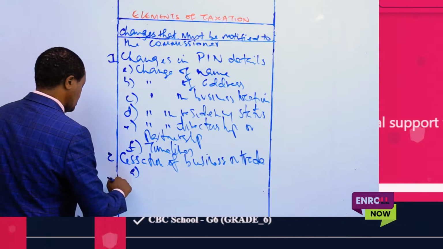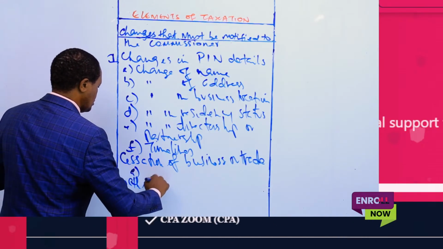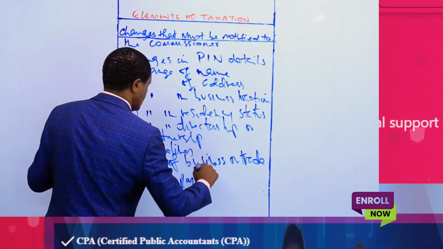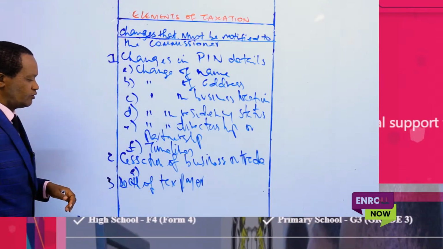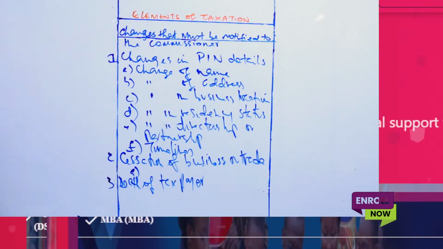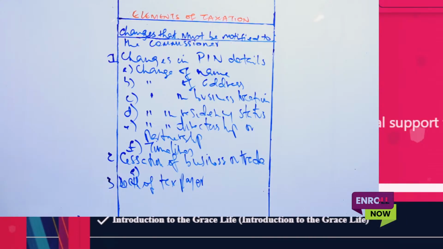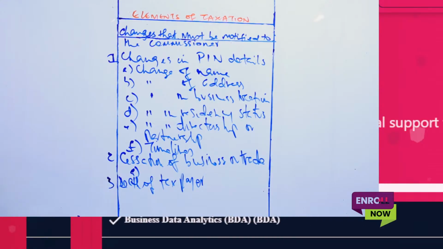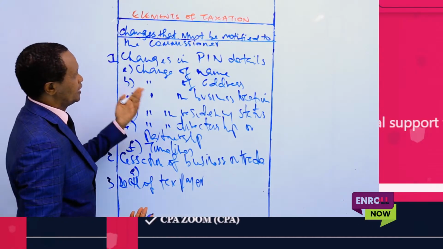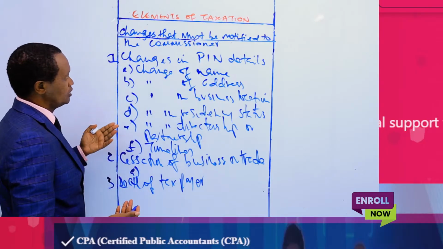3, death of a taxpayer, that is for individuals. The death of an individual taxpayer necessitates notifying the Commissioner of KRA.